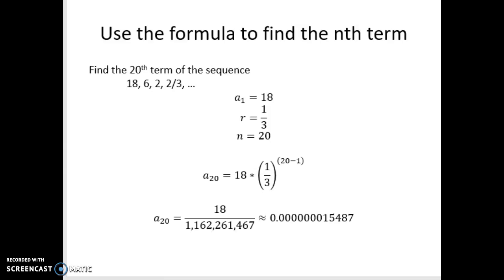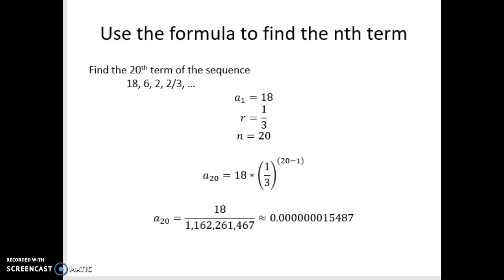If we go from 18 to 6, we could divide by 3, and then 6 divided by 3 is 2, and then 2 divided by 3 is 2/3. But remember, we always want to write r as something that we are multiplying by. So dividing by 3 is the same as multiplying by 1/3, which is the reciprocal. So r here is 1/3. Our first term, a sub 1, is 18, and we want the 20th term in the sequence.